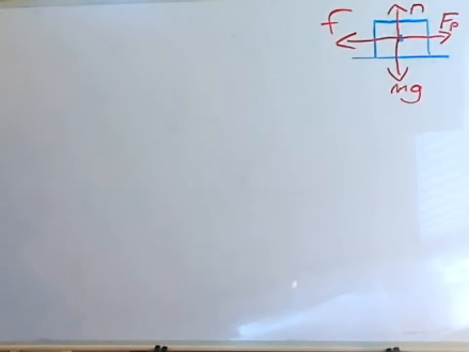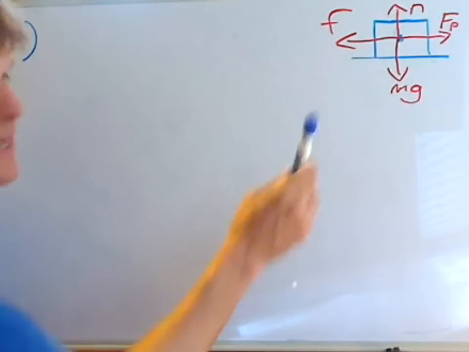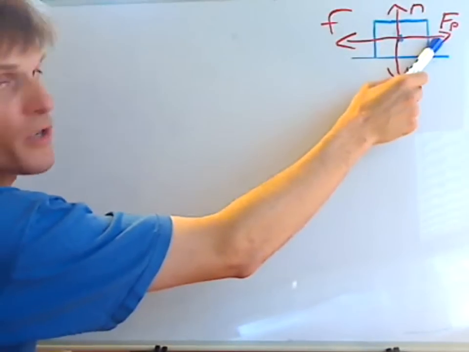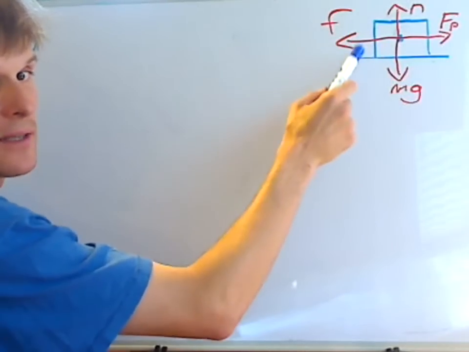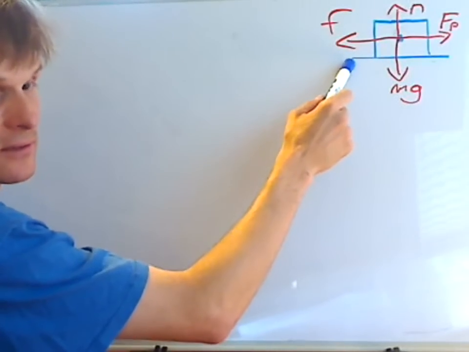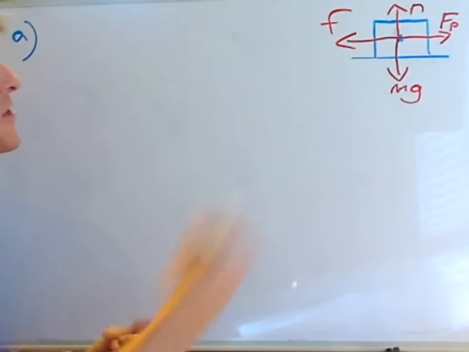So that's the setup. Now in part A of the question, we're asked how hard we have to push to get it to move. Basically, to make it move, our push force needs to overcome the force of static friction. So this is static friction right now.